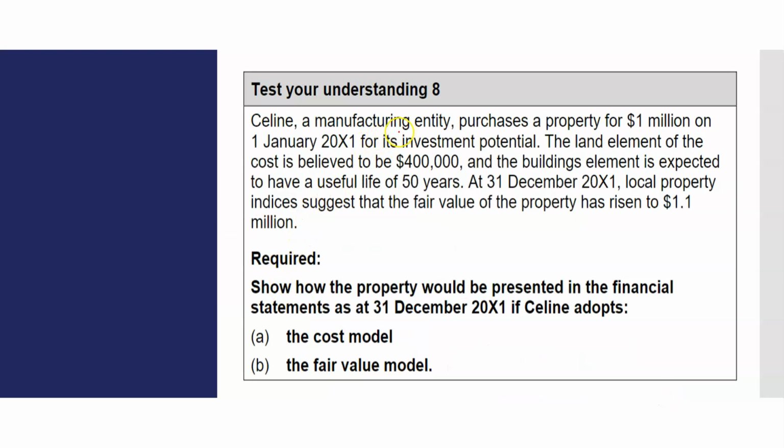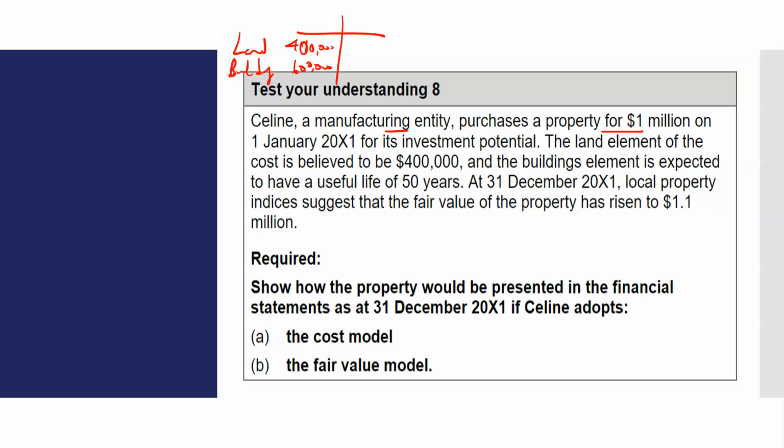So let's look at this question here. Celine, a manufacturing entity, buys a property for $1 million on the 1st of January. Let's do that double entry. I just want to break it up. The $1 million is made up of 400,000 for land and 600,000 for building.